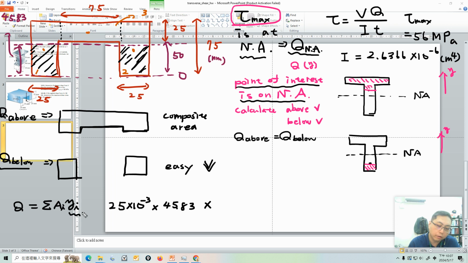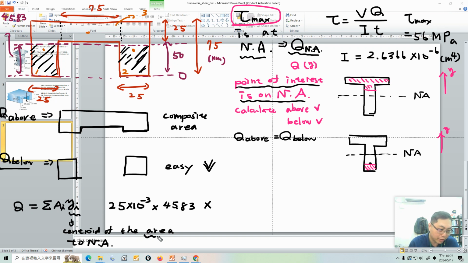And what's our y? For calculating Q, the y is the centroid of the area to the neutral axis. What's the area?